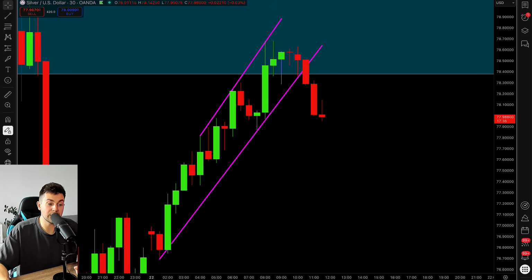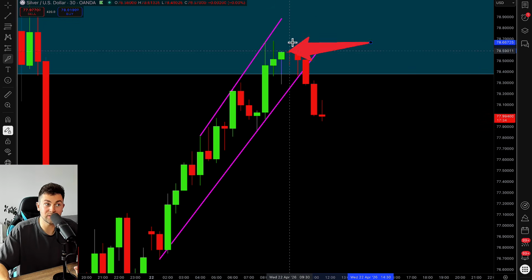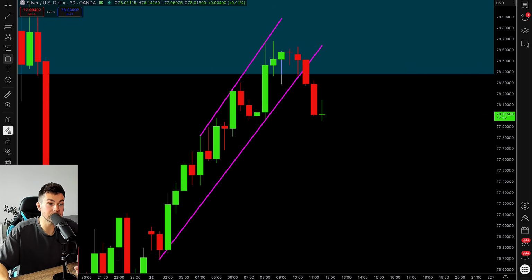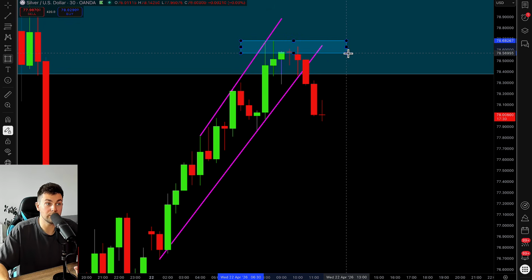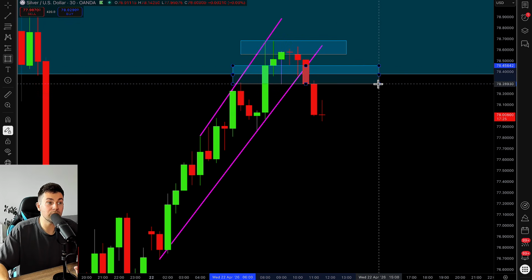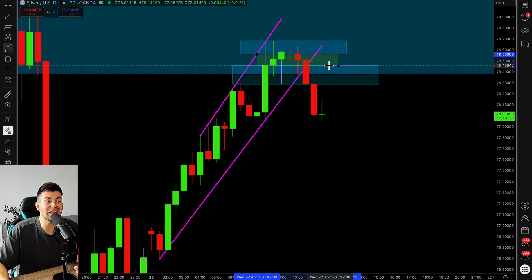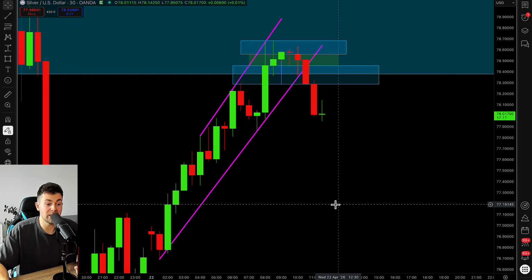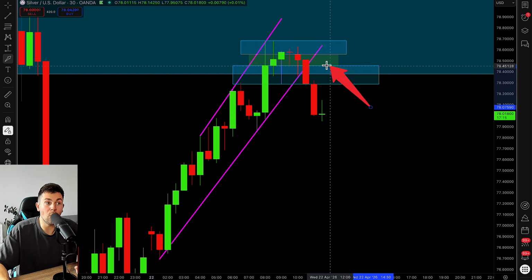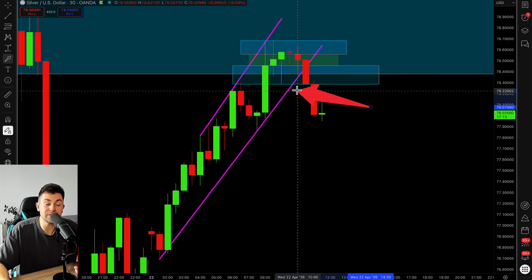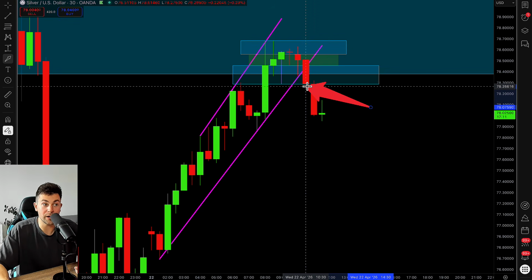Also, we can see that after a test of our resistance, the market started to consolidate. You can see that the price started to coil within this narrow horizontal range. You can see that the market violated both the support of this range and the support of this rising channel.